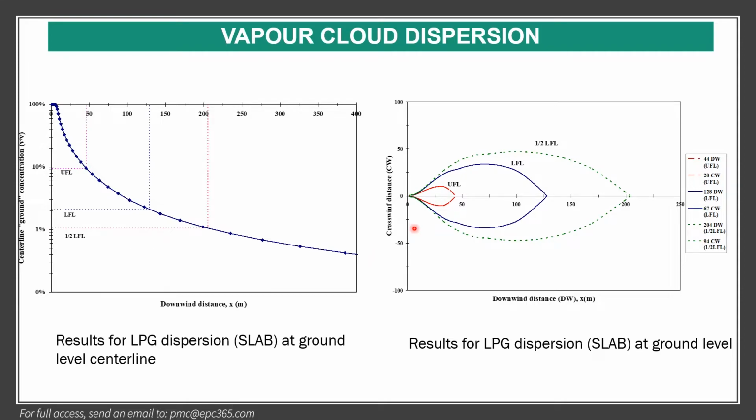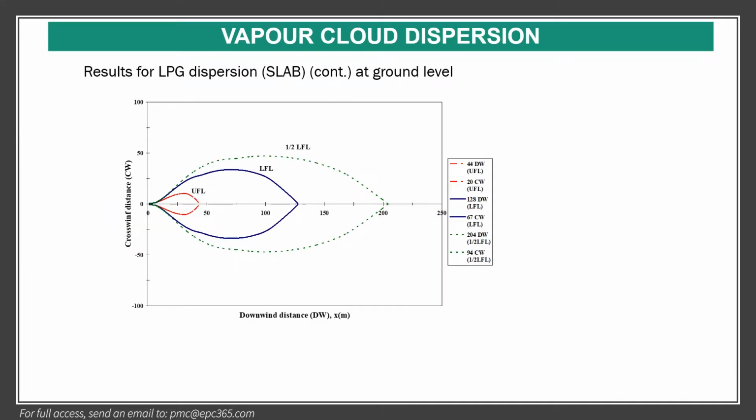You can see the concentration downwind, an isoplate at ground level, like this is LEL, and so on. So you can do it at ground level, and you can see the downwind distance and the crosswind distance. You can see here the different levels of the LFL.